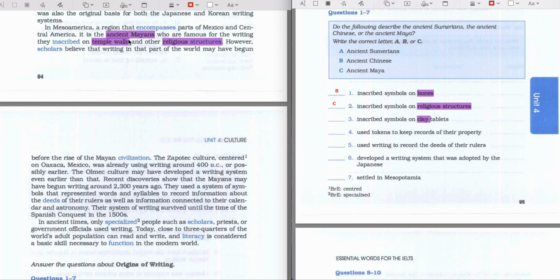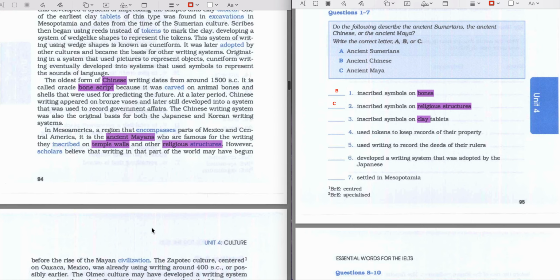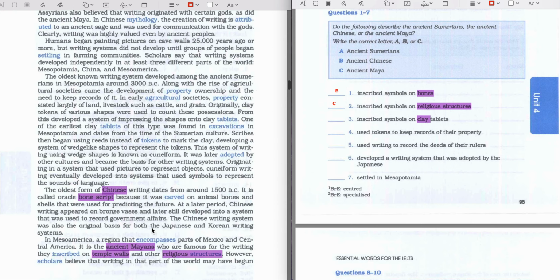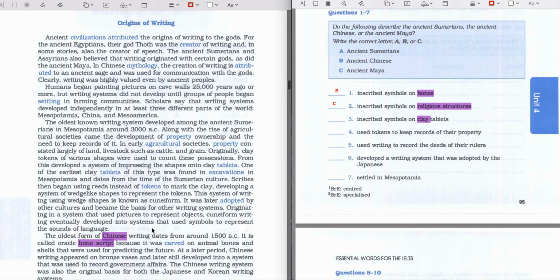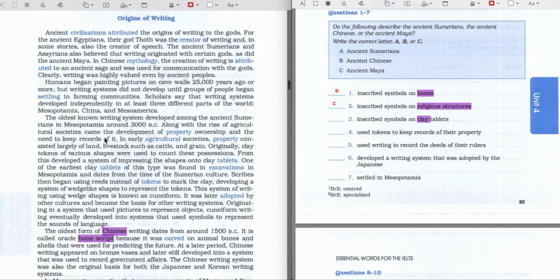But when we go further, we don't see any information about clays, which is something that usually happens. But don't worry, let's try to find information about clays here in the text, and just quickly scan it.